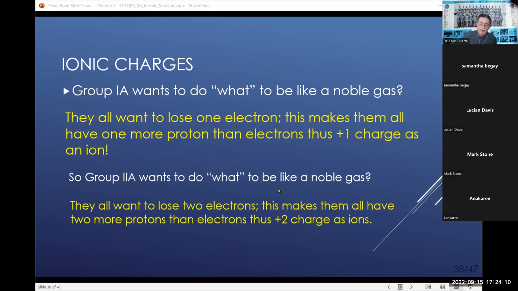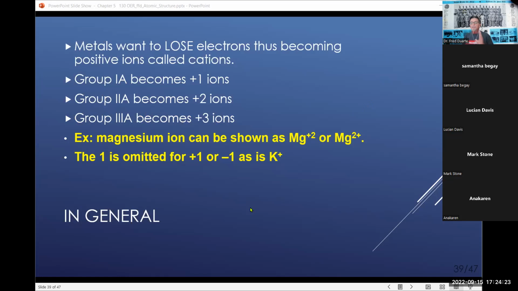So all these elements, the driving force here, again, is to be like a noble gas, have the same number of electrons as a noble gas. So they're going to do that by losing or gaining electrons. Everybody in group 1A, metals, will be +1 ions. Group 2A will be +2 ions, and 3A will be +3 ions, okay?